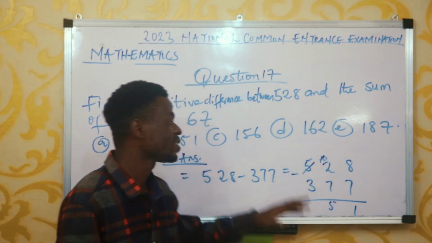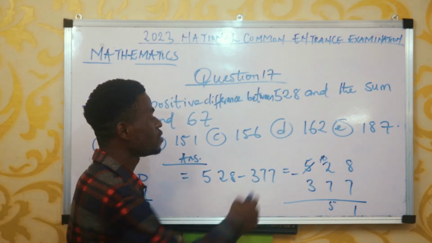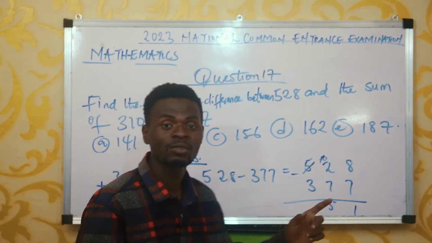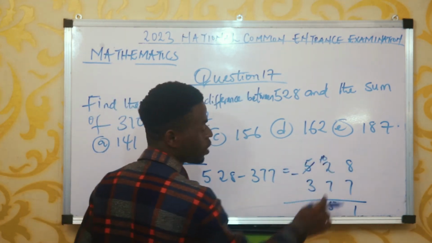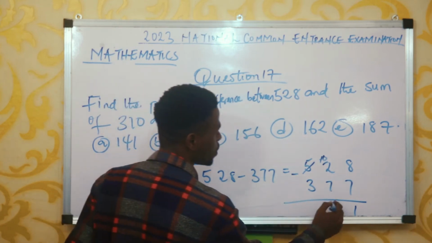So anytime you are borrowing something, it is 10 you are borrowing, not 1. So 10 plus 2 gives us 12. Then 12 minus 7 gives us 5.